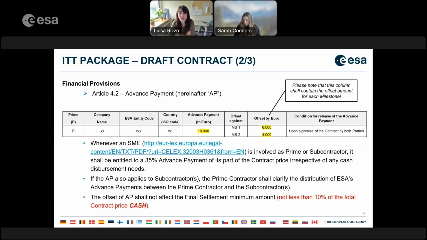That's why we ask you to clarify against which milestone the advance payment must be offset. There are not many limitations in this regard, but bidders need to make sure that the offset of the advance payment does not affect the final settlement minimum amount, as I already said, the 10% cash of the contract price.